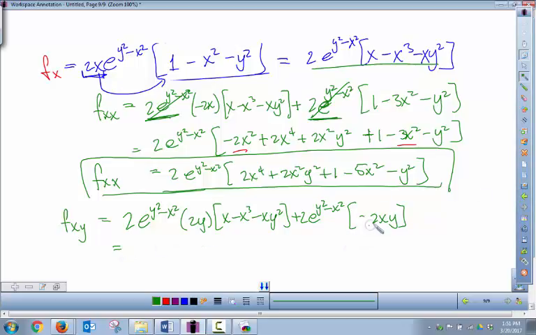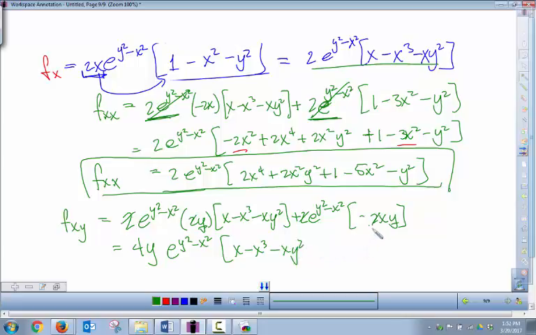We can factor 2 and 2 and then a y. So that's 4y out. e to the y squared minus x squared, x minus x cubed minus xy squared. And then after we factor that out, this is still a negative. The 2's are gone.